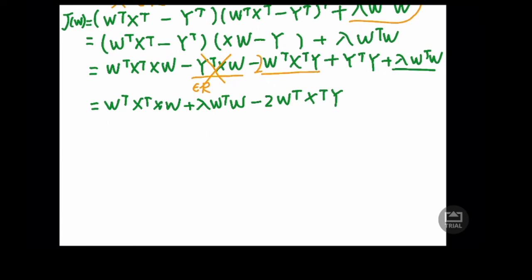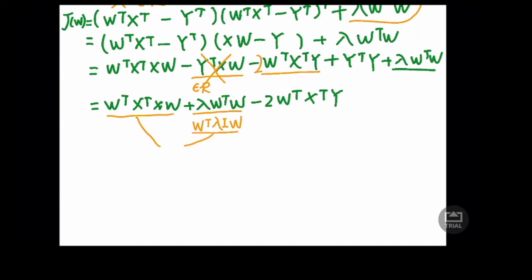Now let's have a look at this term. As lambda is a constant, I can plug it inside. Then it becomes W transpose lambda W. And I can also plug in an identity matrix here, right? I do this because I want them to be in the same form.